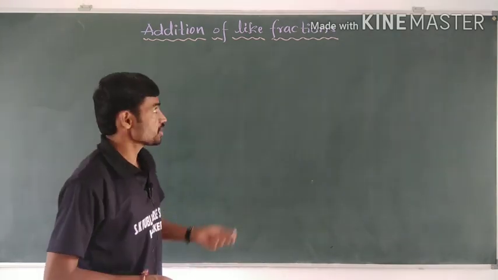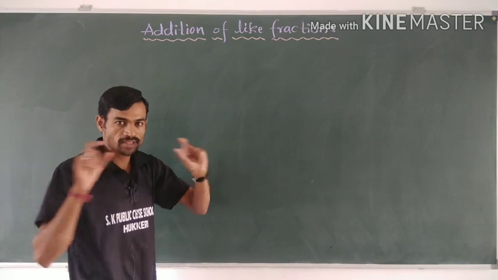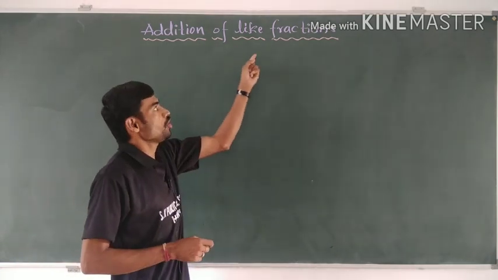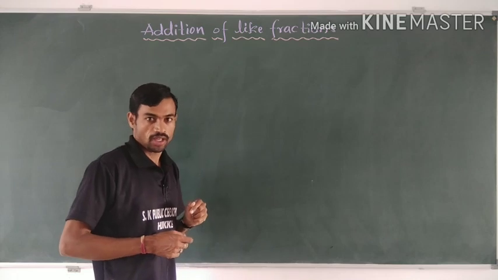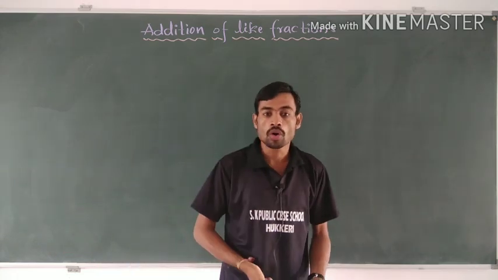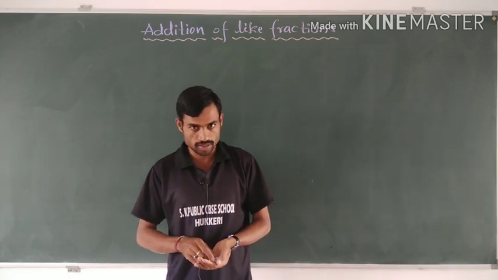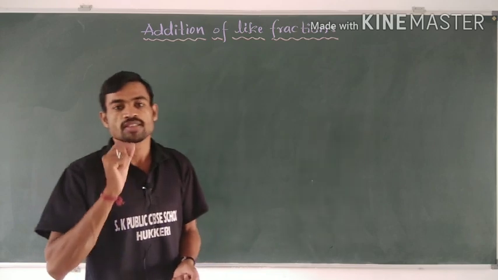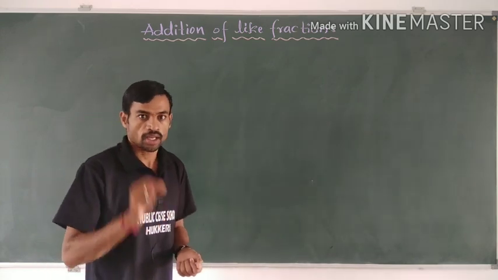Let us see the general formula for the addition of like fractions. If they give two or more like fractions, it means they have the same denominator.